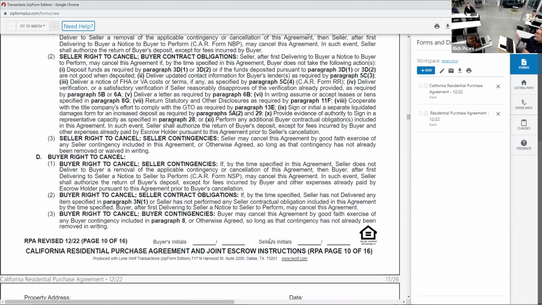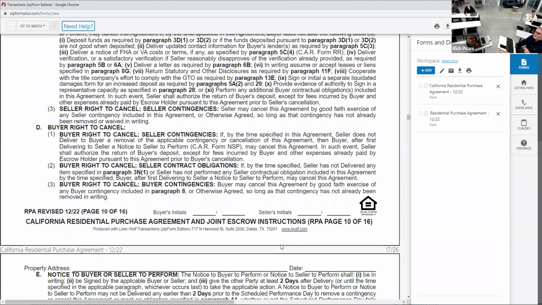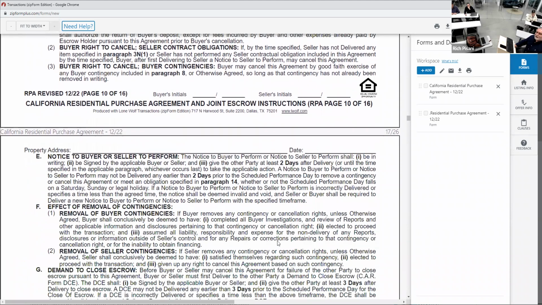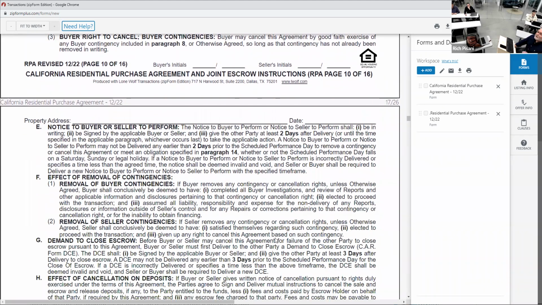I'm not an attorney, I can't advise you on that, but according to the contract, it looks like the only way you can cancel is if they're not performing, and they are performing. Now, as I said, the buyer has a right to cancel if something is wrong, they don't like something in the title report, they're not getting the seller's documents, any of those reasons. The buyer has all the outs, the seller does not.